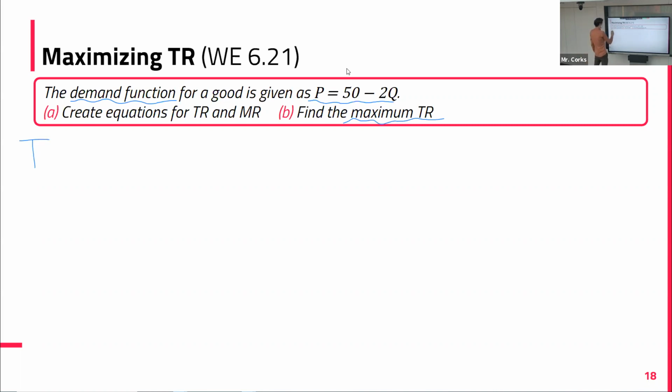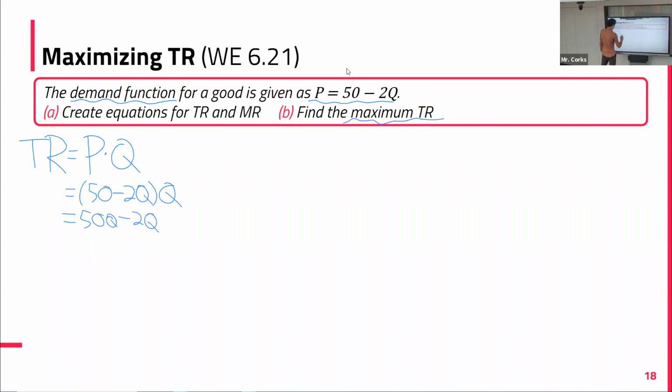So total revenue, what is our basic formula for this? All right, P times Q. And how did we use this to make it? Okay, so we just substitute this whole thing in for P. So we had 50 minus 2Q times Q. So 50Q minus 2Q squared.